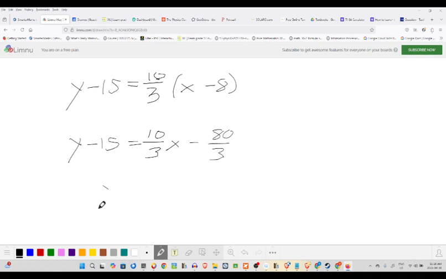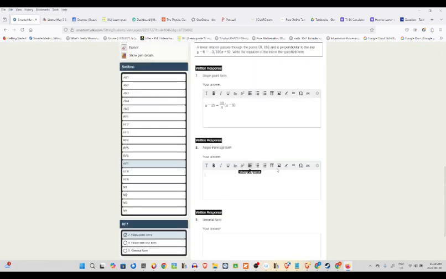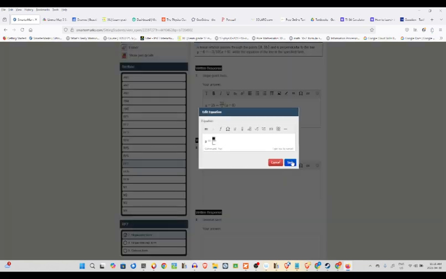And I'm going to add 15 to both sides. 15, written as a fraction over 3, is 45 over 3. So we have a negative 80 plus 45. That's a negative 35 over 3. So there we go. 10 over 3x minus 35 over 3. Y is 10 over 3x minus 35 over 3.